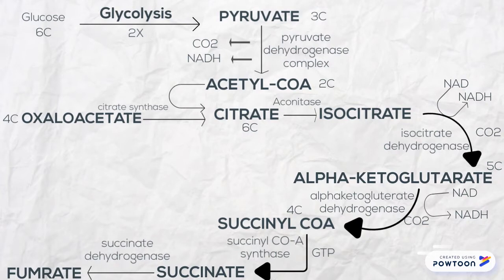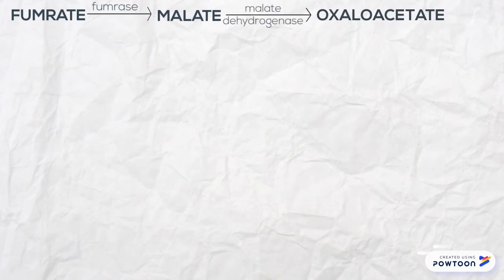In this reaction, a molecule of QH2 is generated, which is used for the production of FADH2. Fumarate is then converted into malate by the enzyme fumarase. And in the last step, the malate is converted into oxaloacetate by the enzyme malate dehydrogenase, and in this reaction, also NAD is reduced to NADH.